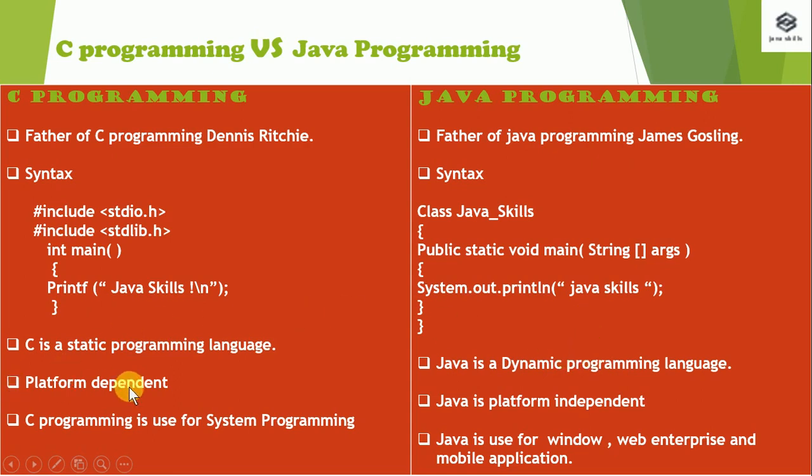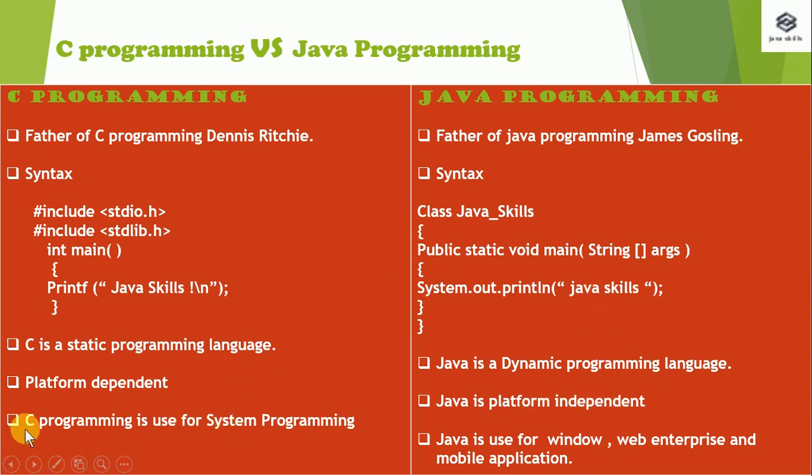Platform dependent and platform independent. An application which is developed on one operating system and can run only on the same operating system is called platform dependent. An application which is developed on one operating system and can run on any operating system is called platform independent.